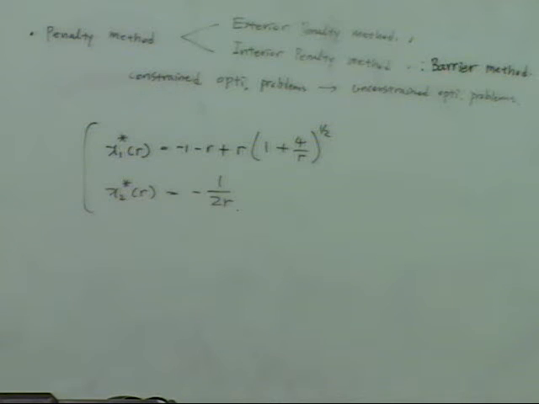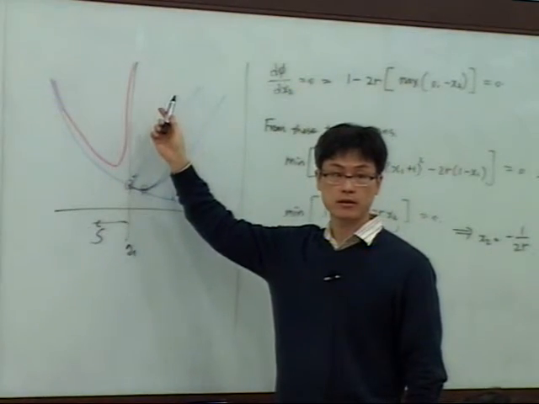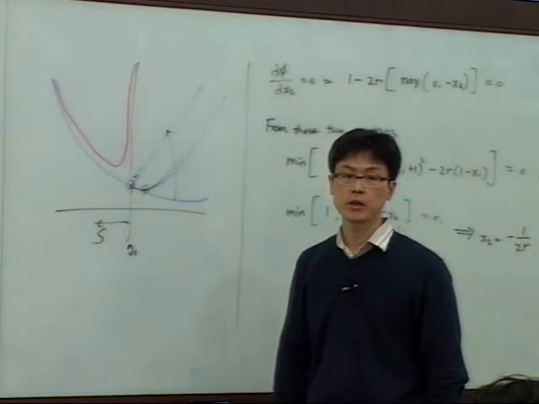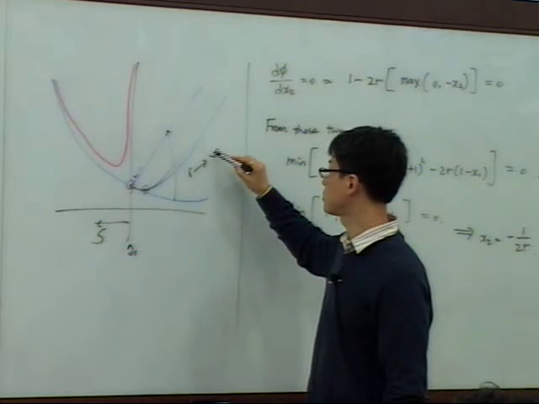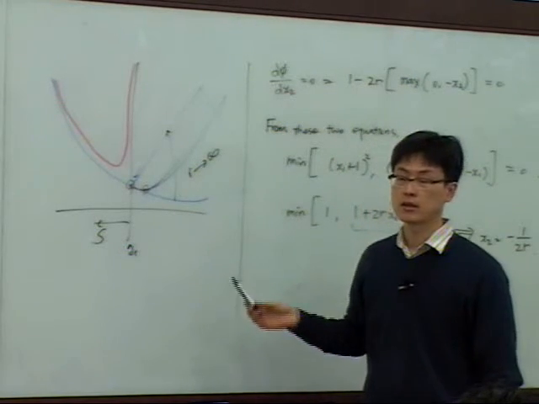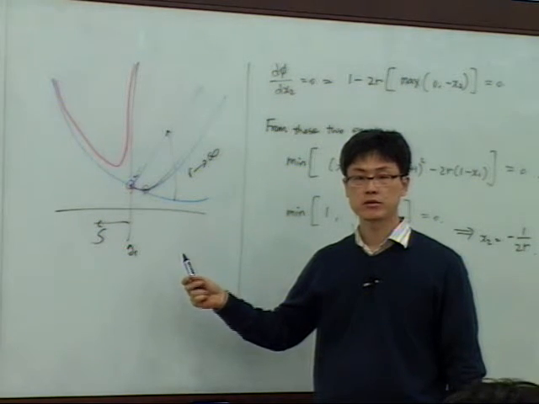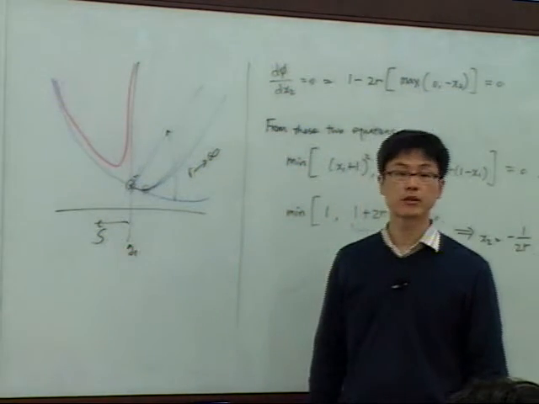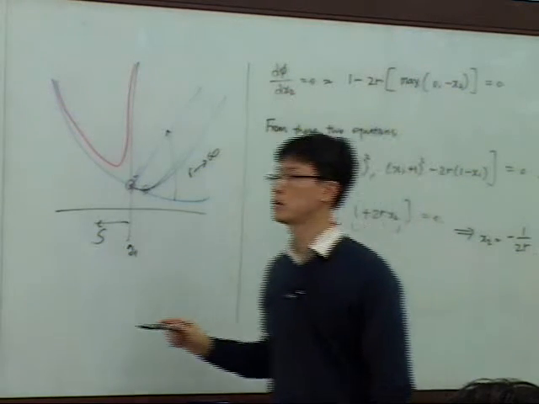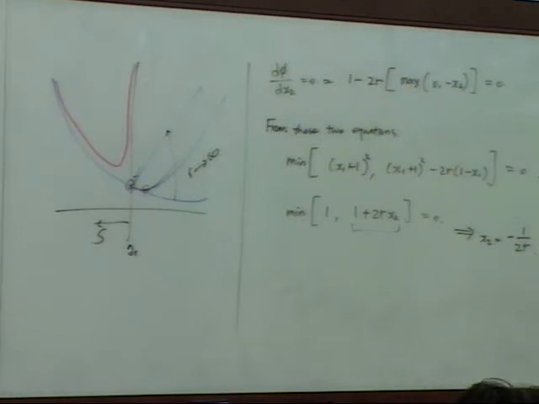However, in this exterior point method, as r increases, the slope increases, which means if you take the limit value as r approaches infinity, our unconstrained optimization point will end up here. Okay? So, for now, it is the same to take the limit value, but the r value is now approaching infinity. Okay?